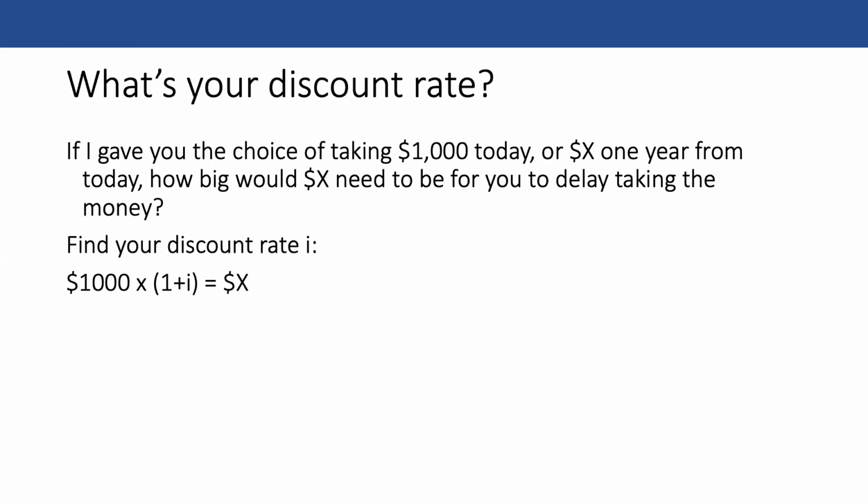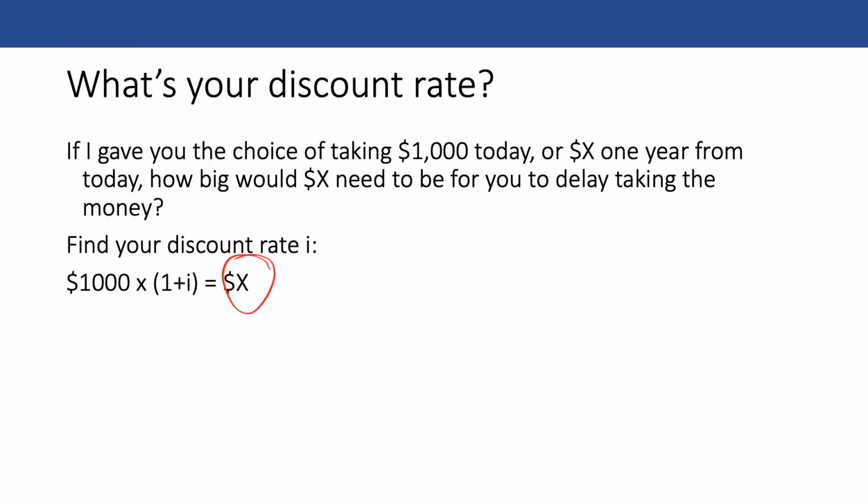This is a way that you can calculate your own discount rate with this pretty simple equation. If you figure out what that X dollars is, then you can figure out your discount rate. So if I were to say, okay, I will give you $1,050 next year, think about whether you would take that.